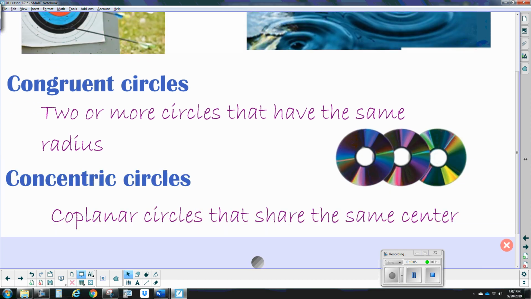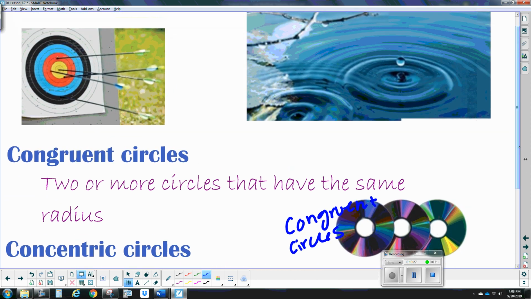And then secondly, concentric circles. Those are circles that are on the same plane that share the same center. Okay, so CDs, these are examples of congruent circles. But something like a target, maybe you shoot archery and you're shooting at a target, or riflery and you're shooting at a target.